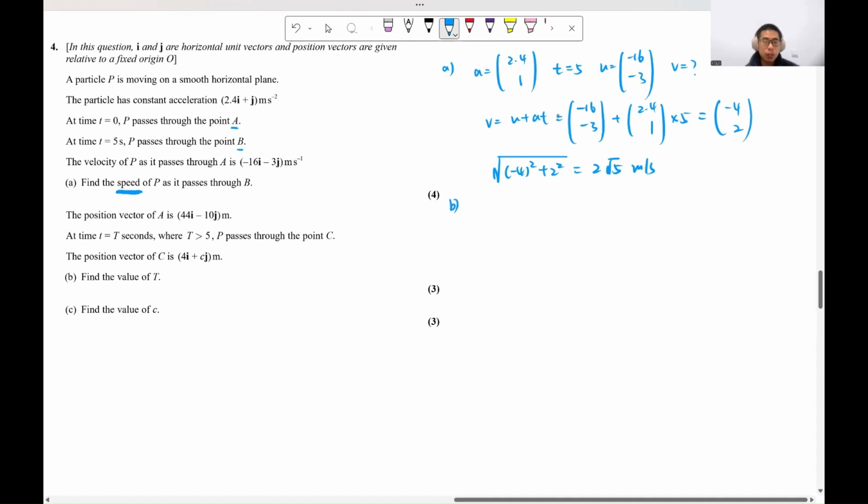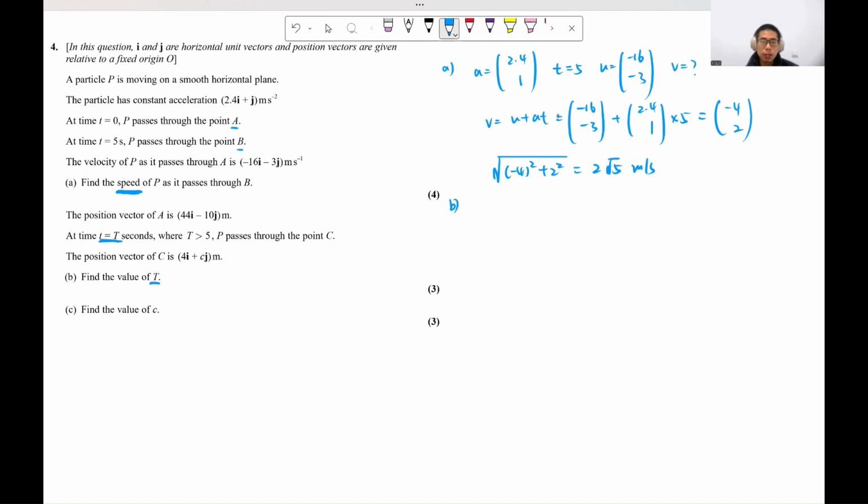What we know is we should let point A be our starting point. They tell us the position vector of C is 4i plus cj, and at time t equal to capital T seconds, it passes through point C. We want to find out the capital T. So we have to let C be the end point.